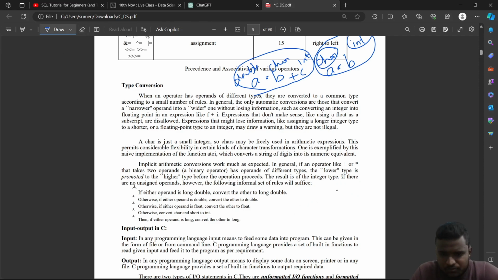Now, if we are converting a smaller data type to a bigger data type, then it is called implicit. It will be so because there won't be any problem, right? Smaller means 2 bytes, this is 4 bytes, and there won't be any issue because 2 bytes can be easily converted into 4 bytes.